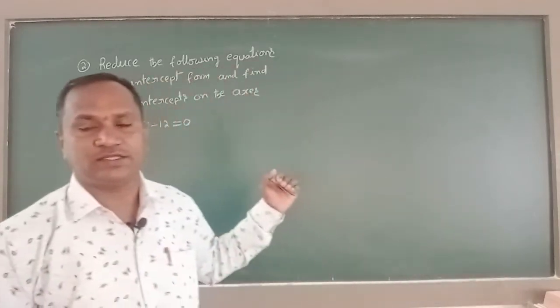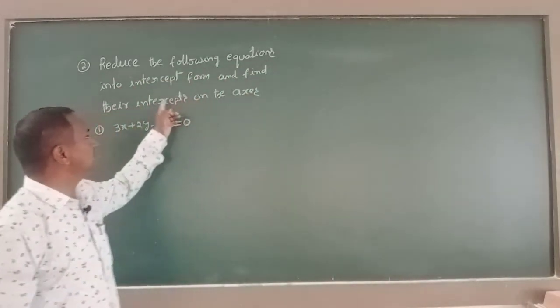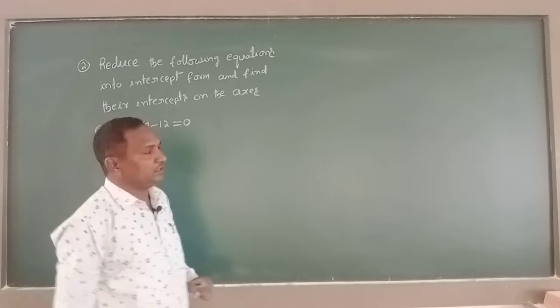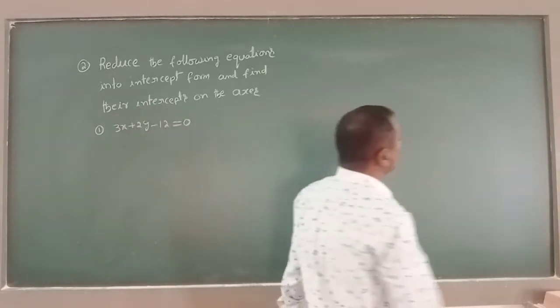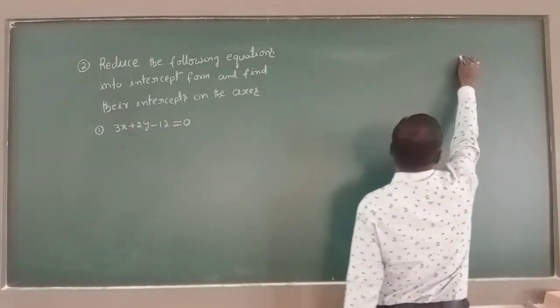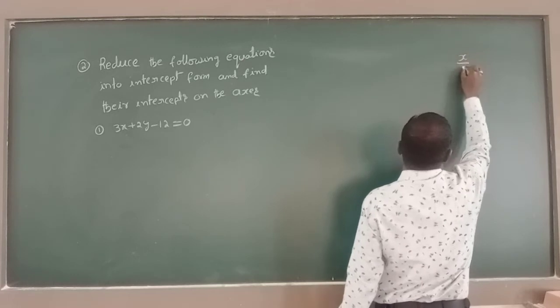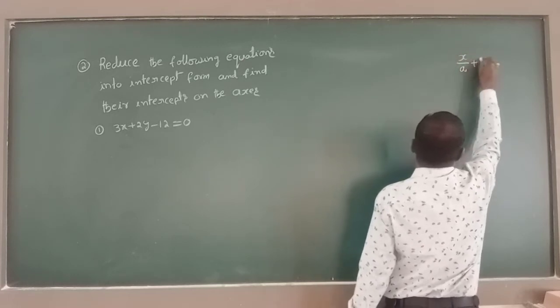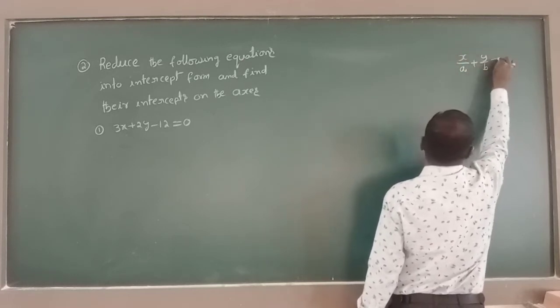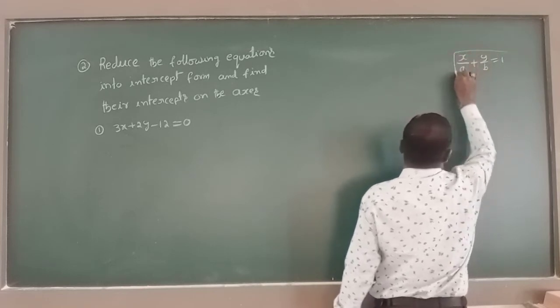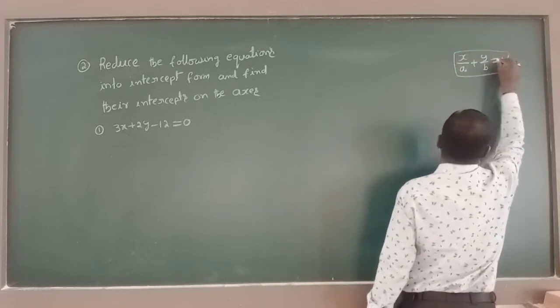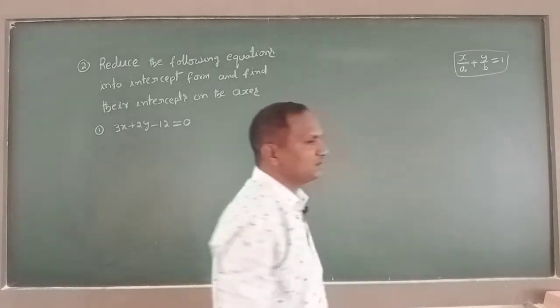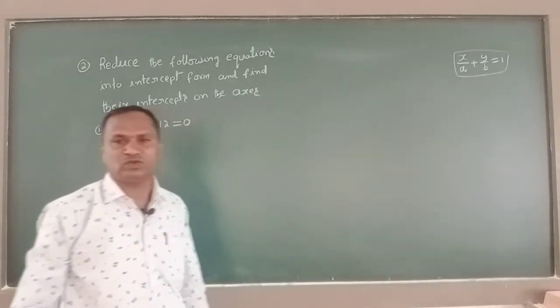Now they are asking questions on intercept form. I have already told the proof for that. The formula for intercept form is x by a plus y by b is equal to 1. We must convert into this form.